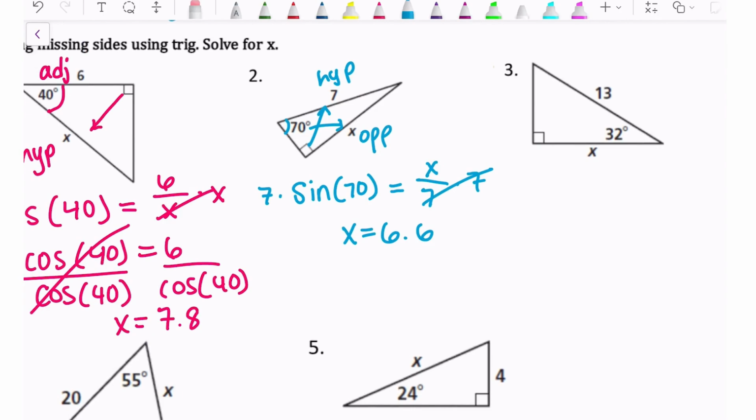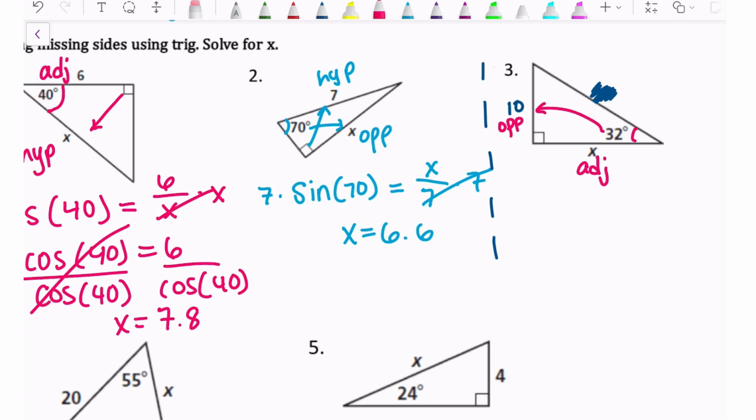So I'm looking at number 3, and I'm going to pretend that this 13 is not there, and I'm just going to make this side over here be 10. Now I can use this example for tangent because this is my opposite side because it's across from the angle, and this is my adjacent side because it's next to the angle.